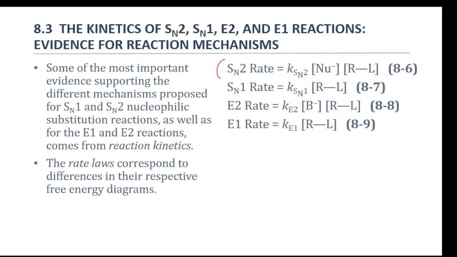An SN2 rate will have a rate constant. That's this k here, small k. Anybody know the difference between large Ks and small Ks? So large Ks are equilibrium constants, right? Small Ks are rate constants, okay?